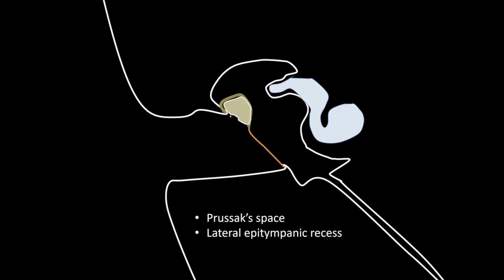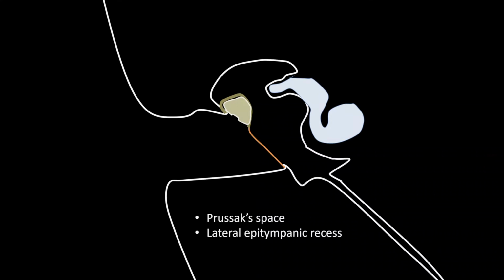And then the theory is that basically that retraction disrupts the normal desquamation process of the tympanic membrane and basically allows debris to become trapped within the pocket and accumulate, expand, and form a keratin plug.